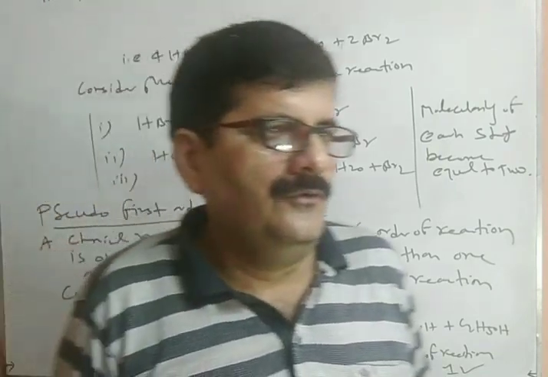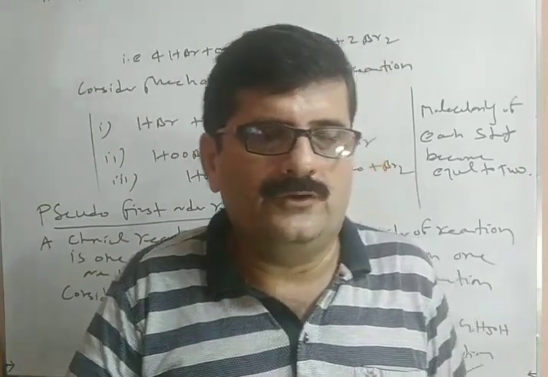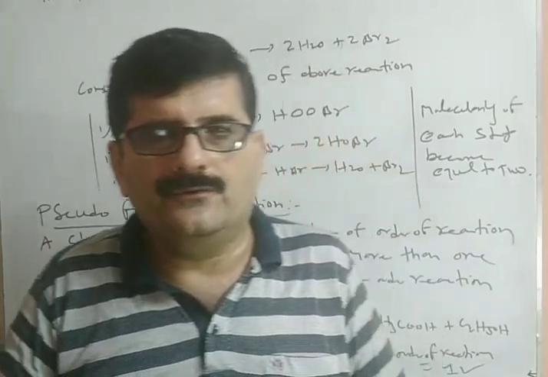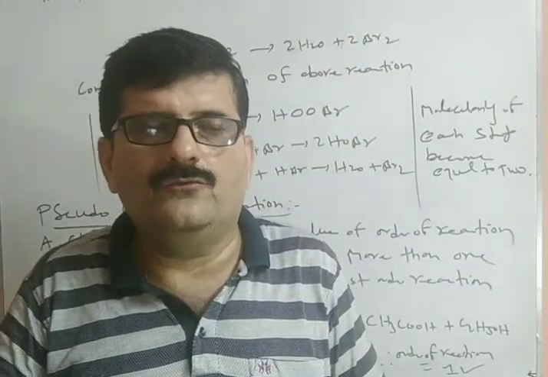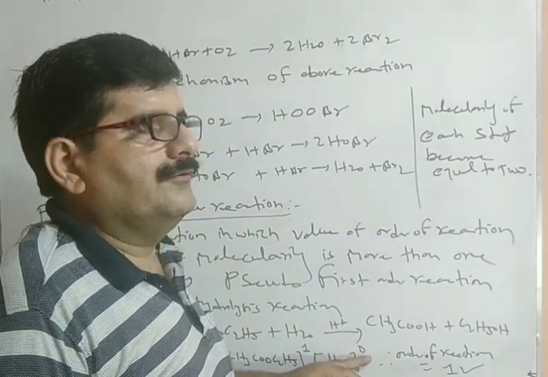Because the concentration of water does not vary with respect to time. That is, the concentration of water is always uniform. That's why the power becomes equal to what? 0.